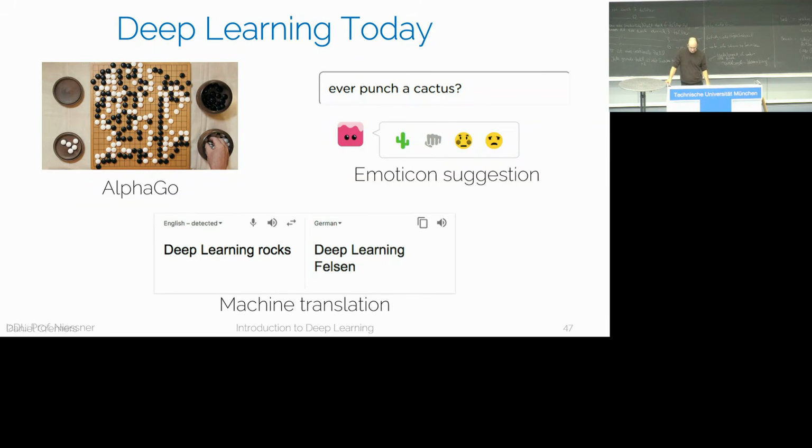You can do machine translation. There's always room for improvement, I would say, but yeah, it's gotten a lot better, right? If I look back 5 to 10 years, it was very hard to find systems that could do a good translation.